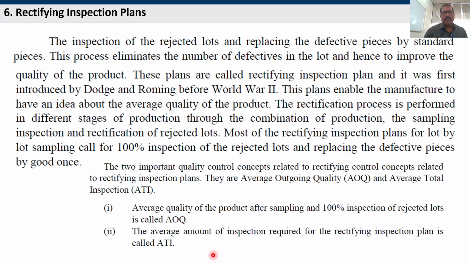The average amount of inspection required for the rectification inspection plan is called ATI. How many inspections are you going to do? That average under this particular rectification inspection plan is called ATI. ATI means average total inspection, and AOQ means average outgoing quality.